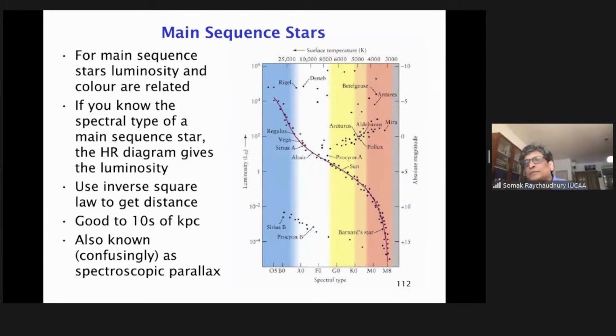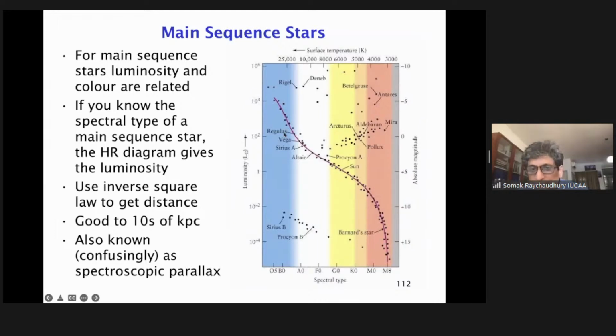Then comes the y-axis. Now, if you know what kind of a star it is, most stars, when they are producing normal fusion in their core and producing the energy due to fusion, lie on this diagram called the main sequence.